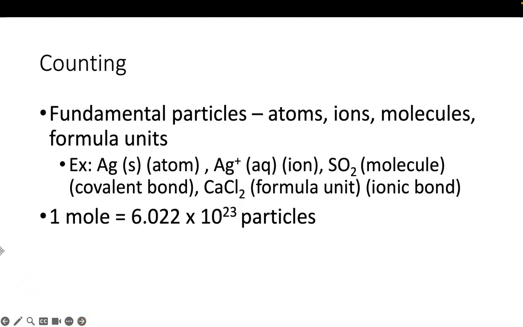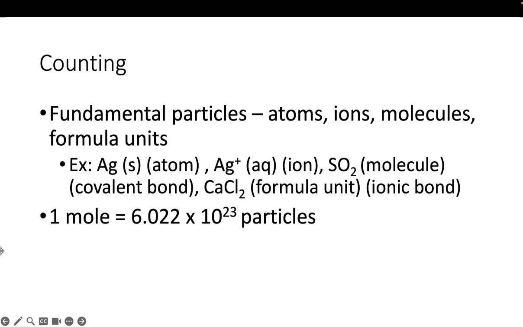So when we count in chemistry, we're talking about things that are incredibly small: atoms, ions, molecules. And so in order to have a measurable amount, we have to count a lot of them. If you'll remember, one hydrogen atom, which is just a proton, weighs something like 1 times 10 to the negative 27th kilograms, or 1 times 10 to the negative 24th grams.